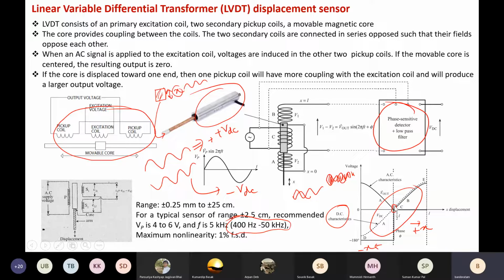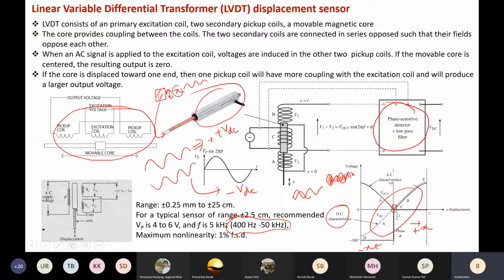If this is the reference point, for plus x it will show the characteristic like this, and for minus x it will show the characteristic like this. Obviously the phase difference will be there. Phase will be 0 degree for this side and 180 degree for this side. So if you want to look at the AC characteristic, then both the amplitude as well as the phase you need to know separately, which is not that convenient.